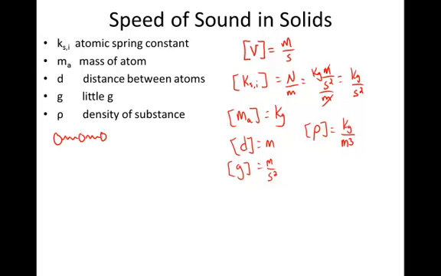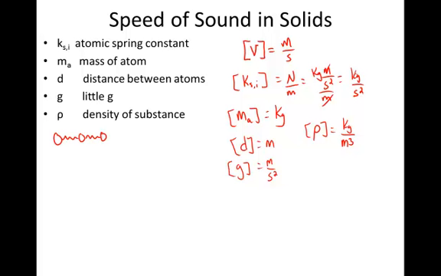On the other hand, if you have a very stiff spring, you'd expect that these atoms would push on each other very quickly and easily, and sound would travel. The reason I know that the mass of the atom is involved is because these atoms are what's actually oscillating, moving back and forth and causing the sound. So let's take a look at those two and see what I can get out of that.